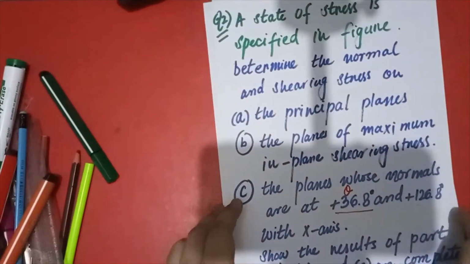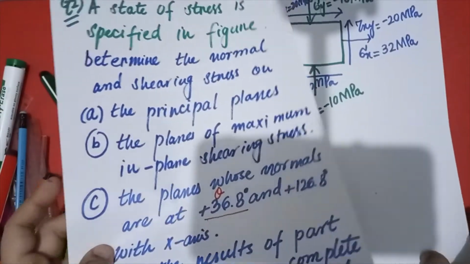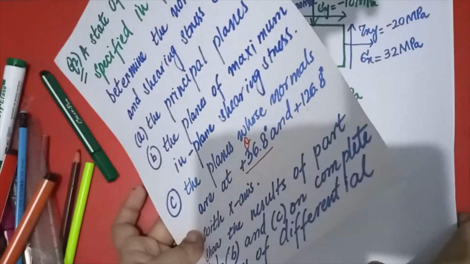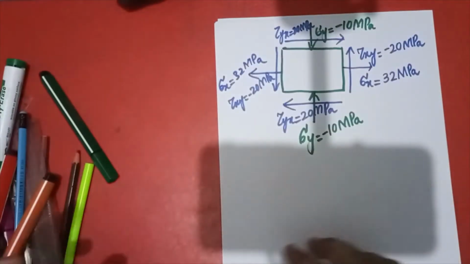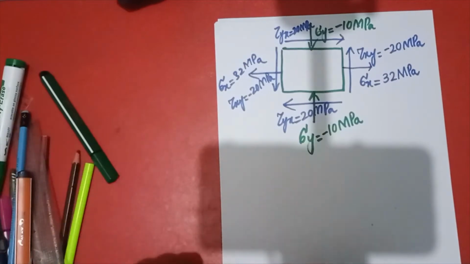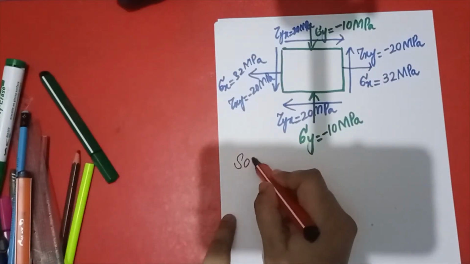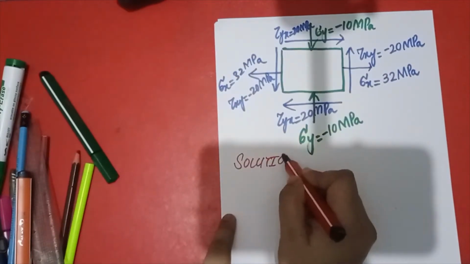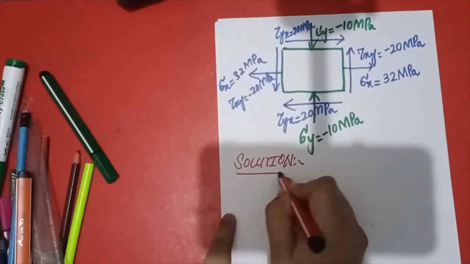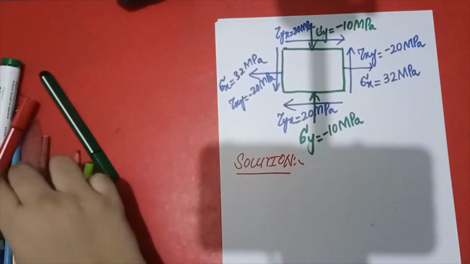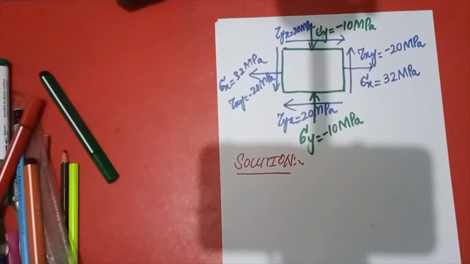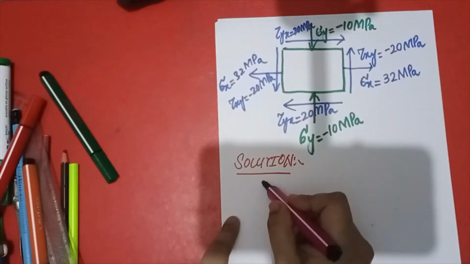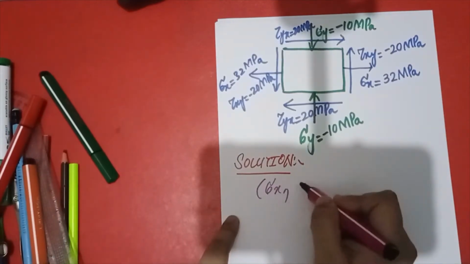So let's have a start, and I am going to draw the Mohr circle. One thing we have to do, let me write down the solution here. I have to do scale conversion as well. So this is sigma x comma tau xy.